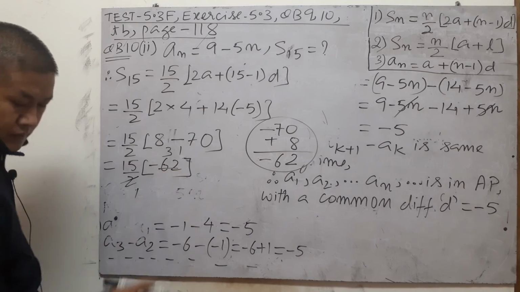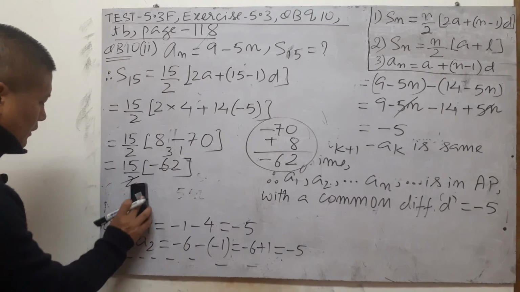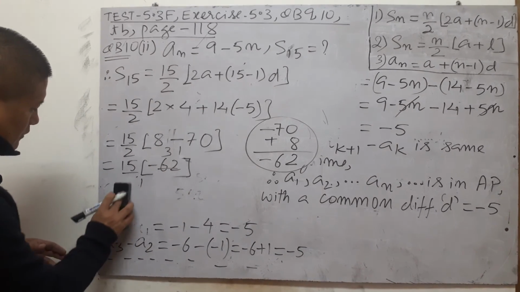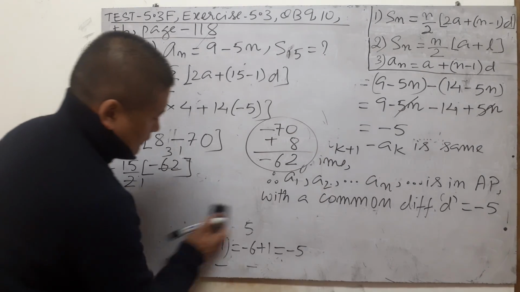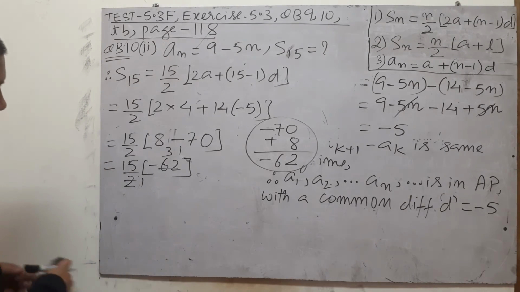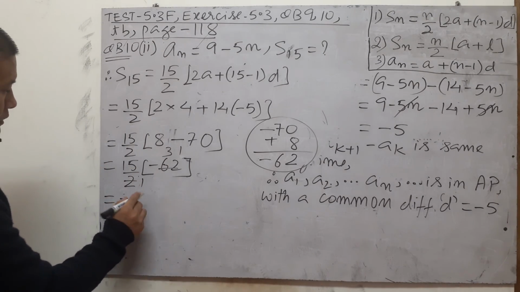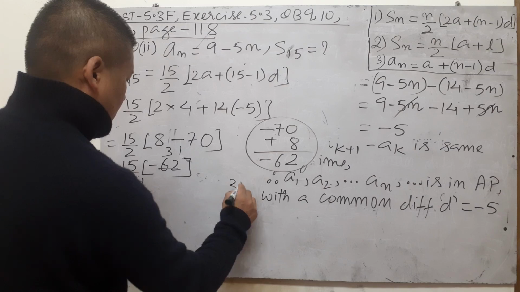So plus and the minus is minus, you can do it slowly. 2 1s are 2. So here now, plus and the minus is minus 31 into 15.